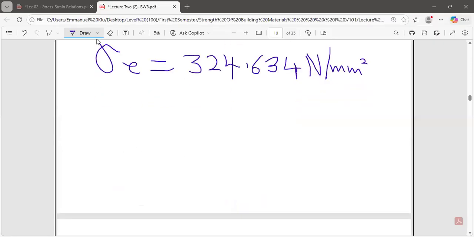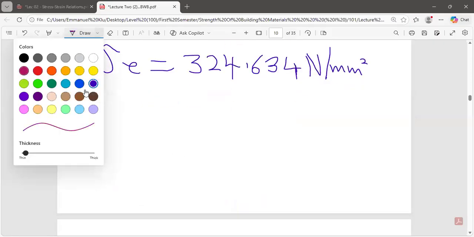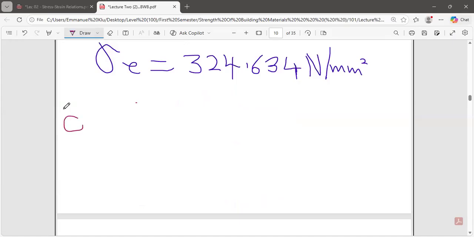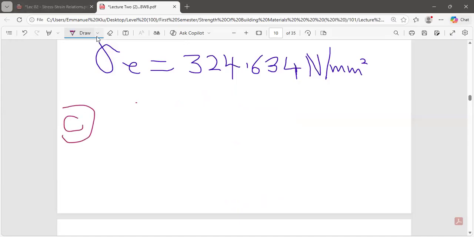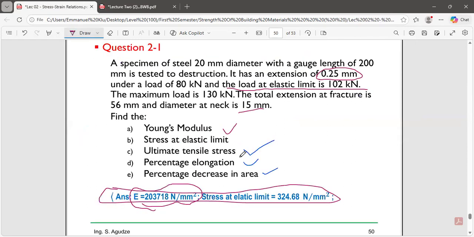So let's solve our question C quickly. What is C saying we should calculate for? C says we should calculate for the ultimate tensile stress. That is just the maximum stress.